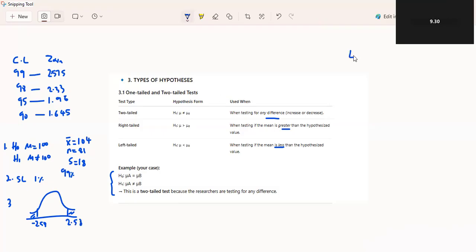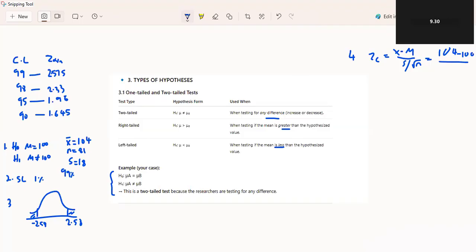Then step 4, we calculate our Z. What is the formula for Z calculated? Z calculated is equal to X bar minus mu over standard deviation over square root of n. So in this case, our X bar is 104. Our claimed value of the mean or average is 100. Our standard deviation is 18.